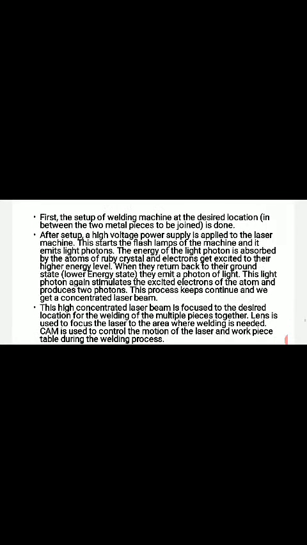When they return back to their ground level, the lower energy state, they emit a photon of light with high energy. This light photon again stimulates an excited electron in an atom and produces two photons. This process keeps continuing, and we get a concentrated laser beam.